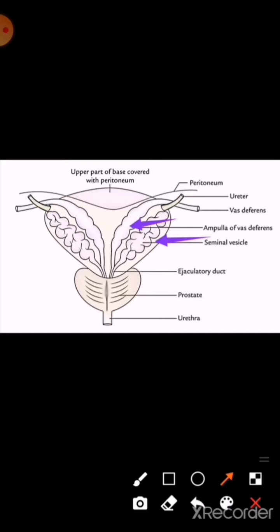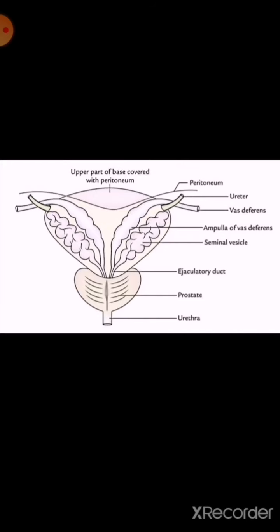This is the vas deferens, and the terminal part of the vas deferens is dilated and known as the ampulla of the vas deferens. So the upper part, as you can see, is related to the rectovesical pouch. The lower part is related to the seminal vesicle and to the vas deferens in the male.